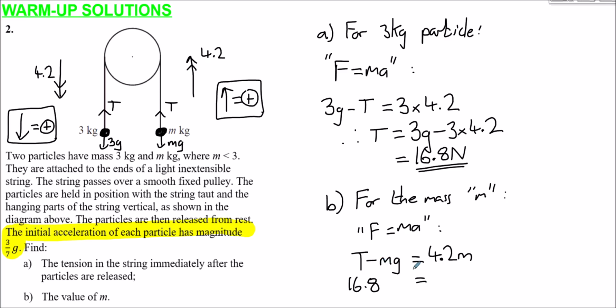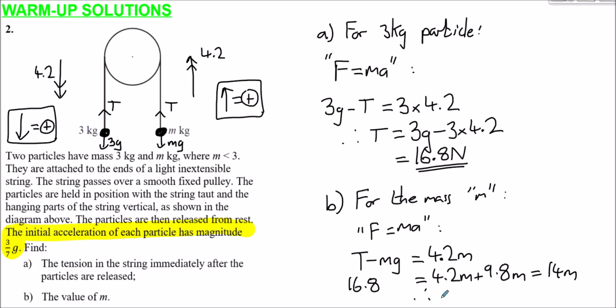And add mg to both sides gives 4.2m, G, of course, is 9.8, so plus 9.8m. And if we add those together, 4.2 added to 9.8, that gives us 14m.